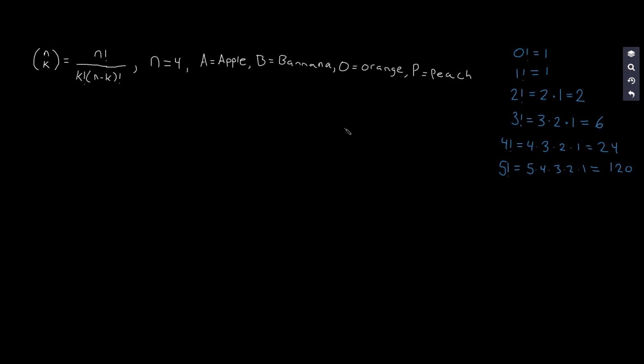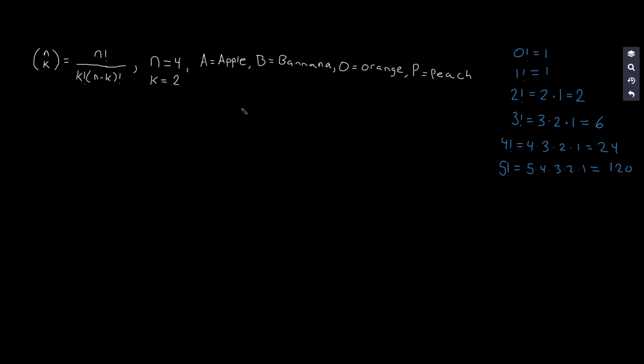And you want to choose a pair of 2 fruits. Say you want a snack, and you're like, okay, but I'm only going to have 2. And so in this case, if you want 2 of them, that would mean that k equals 2. You're choosing 2. The question is, how many different combinations are there of the fruit pairs that I can get?